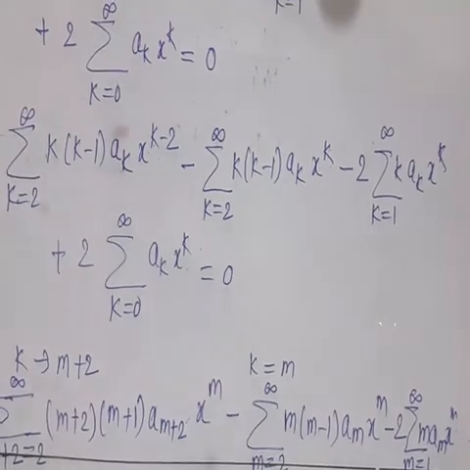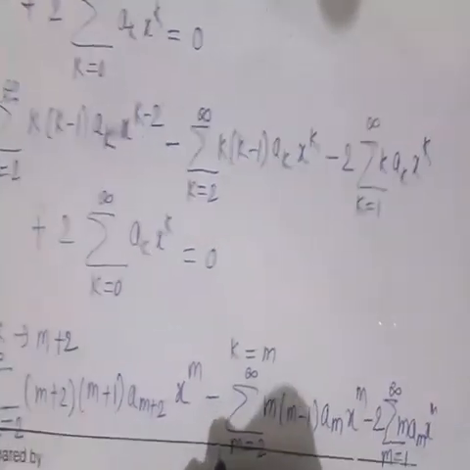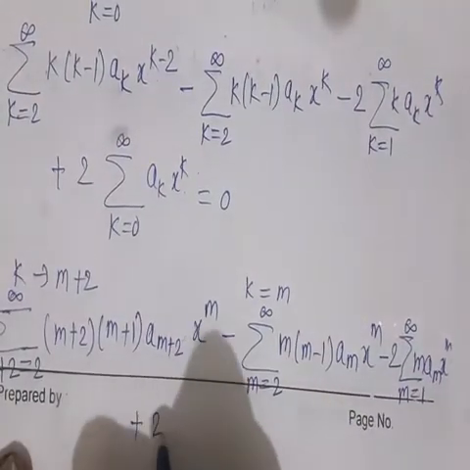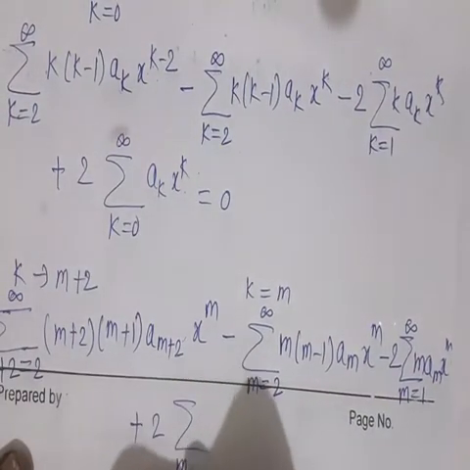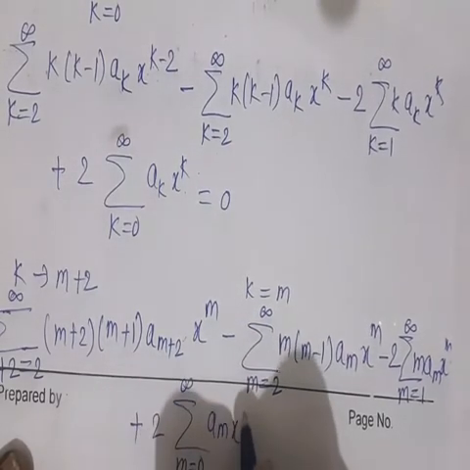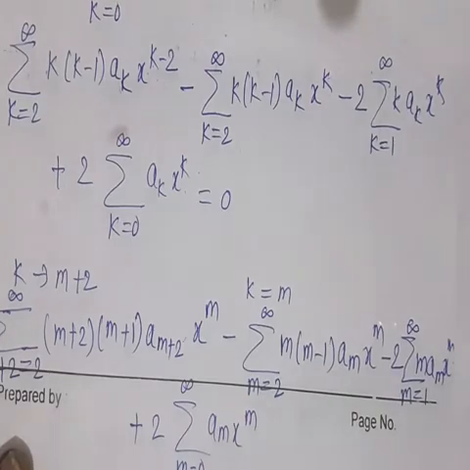And the last term is plus 2 times summation m is equal to 0 to infinity am x to the power m. Now say it is equal to 0.